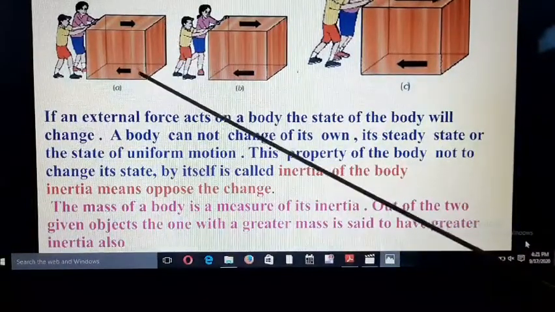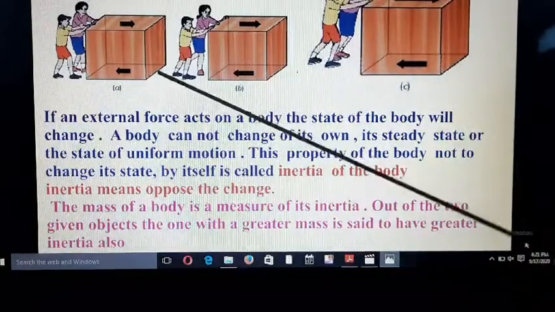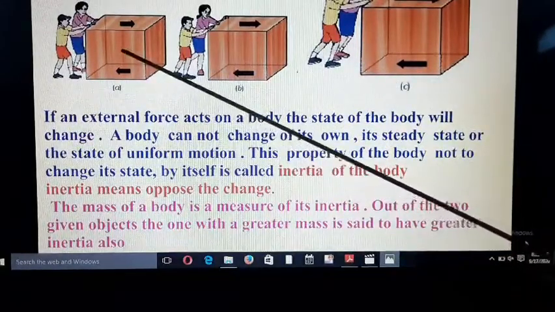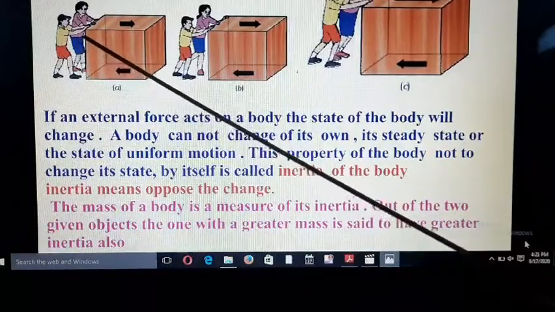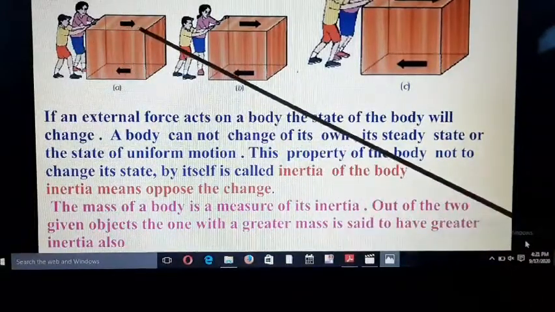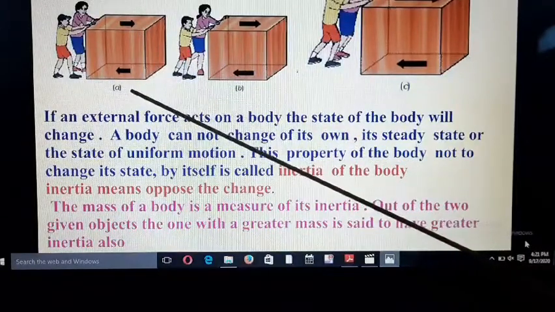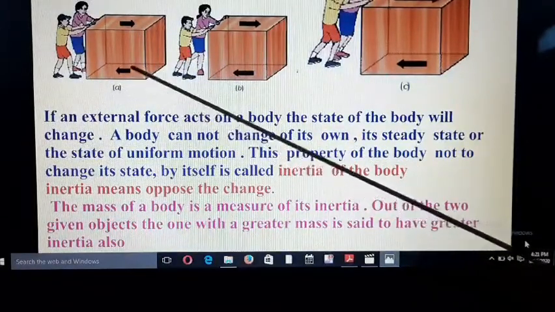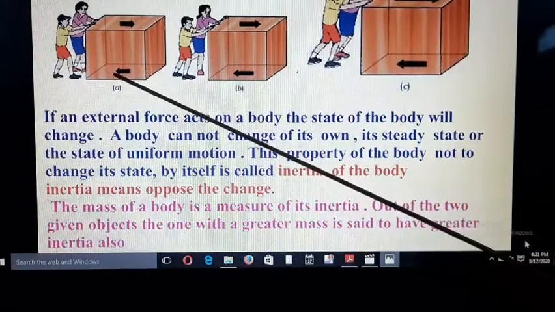Look here, in figure A, figure B and figure C. In figure A, two children are applying force in this direction. But friction between the surface and the block is in the opposite direction.